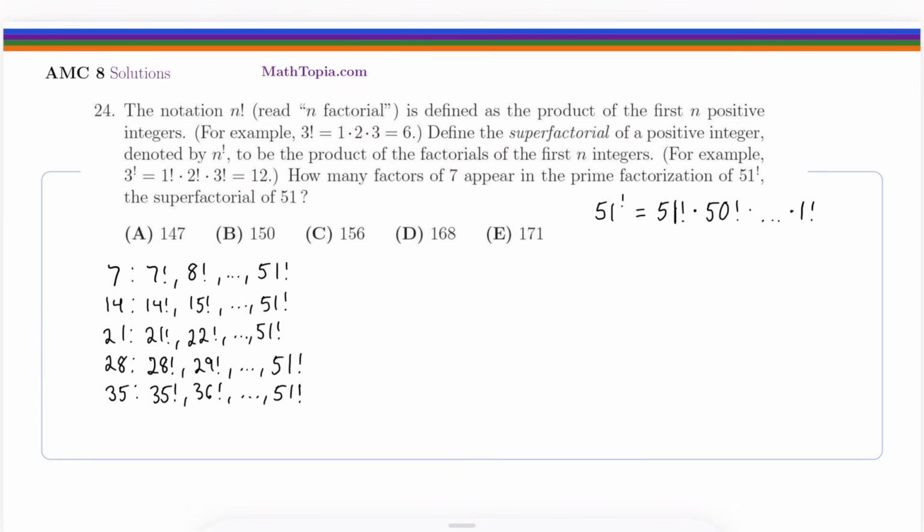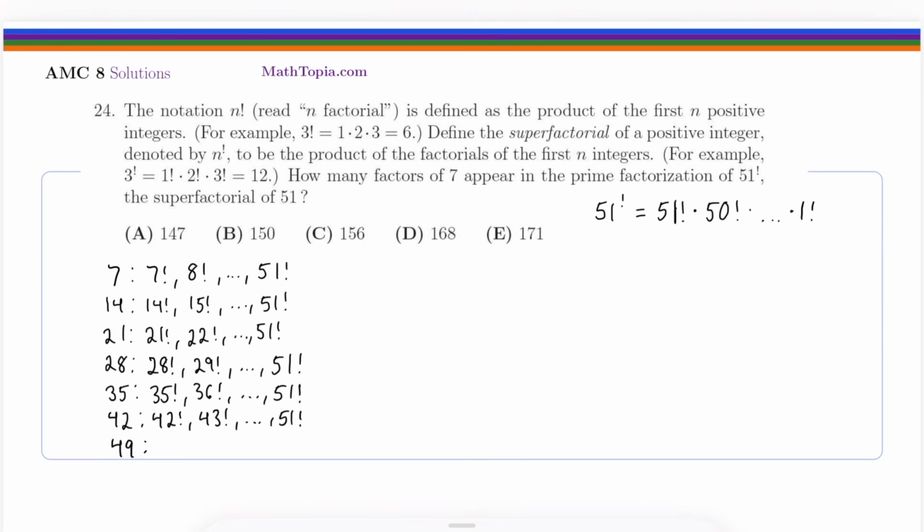We're almost there. The next one is 7 times 6, or 42. This will be present in 42 factorial, 43 factorial, all the way up to 51 factorial. Finally, the next additional 7 we will get is in 49.